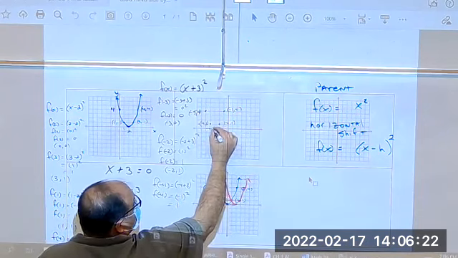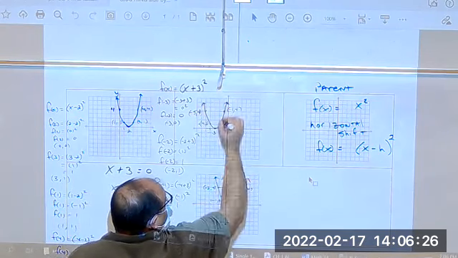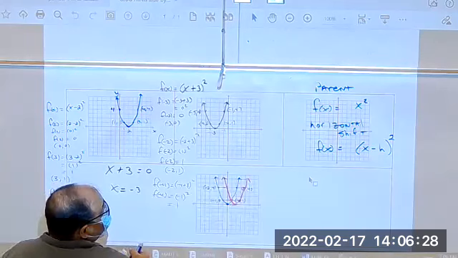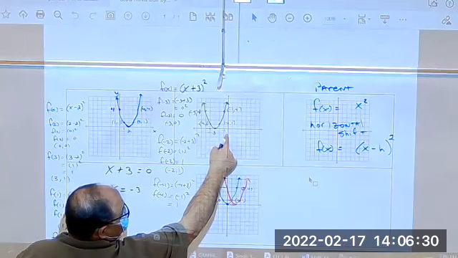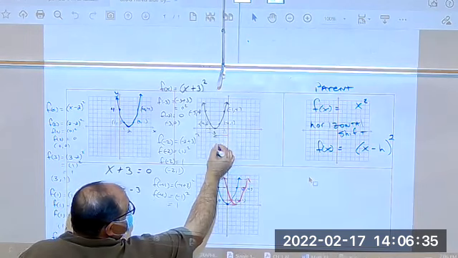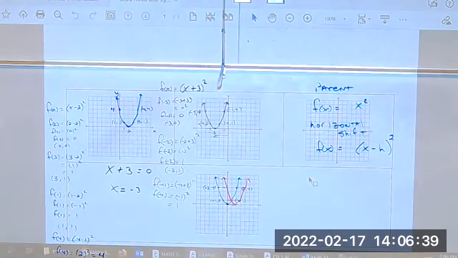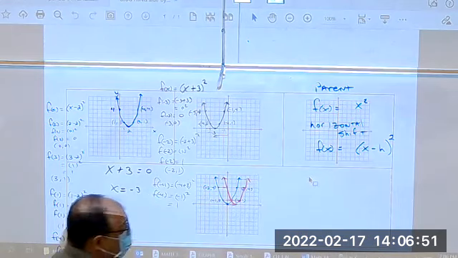Look at the graph and where it's at. It used to be at 0, 0, that's your parent graph. Now it's been shifted 3 to the left because of the +3. You do the opposite direction. I see plus, I'm going left. I see negative, I'm going right. But only for the horizontal shifts. Built-in negative.